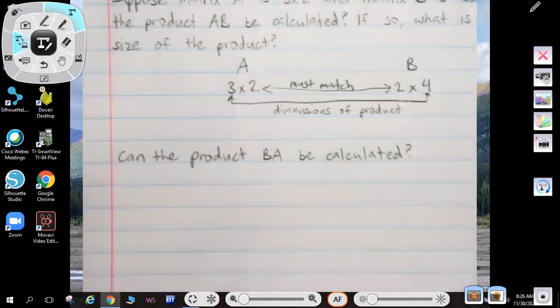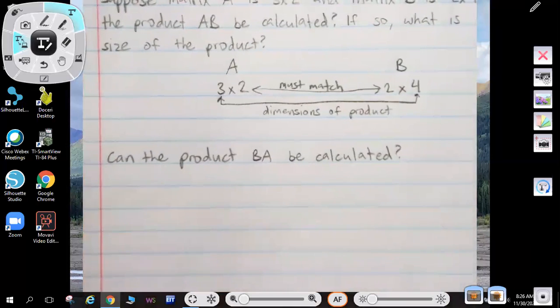Okay, next question. Can the product B times A be calculated? So we switch the order. Instead of A times B, now we're looking at B times A.